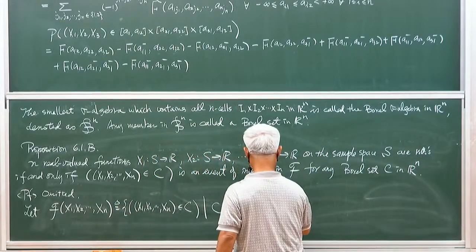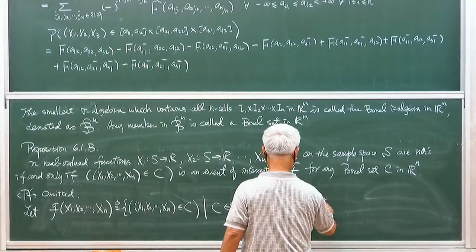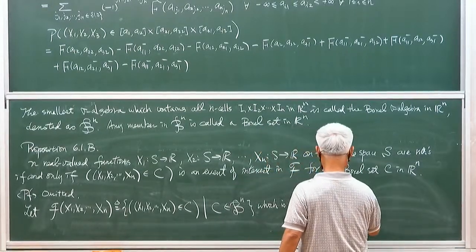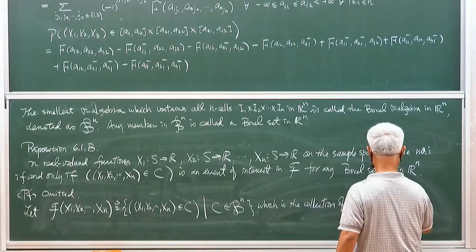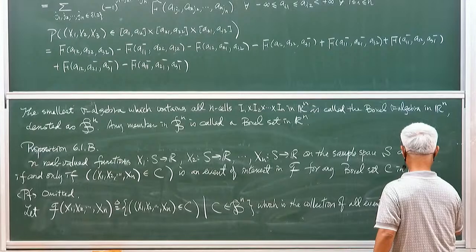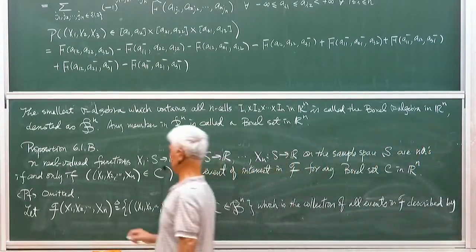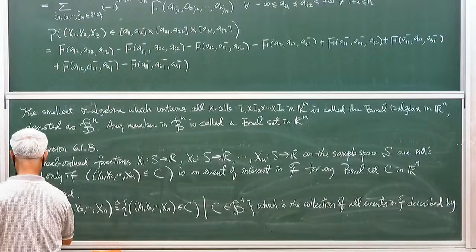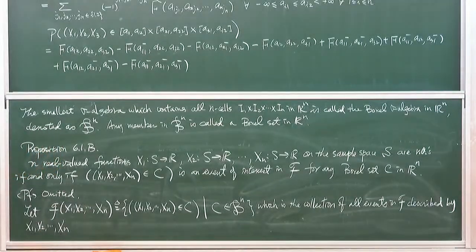Which is the collection of all events in F described by x1, x2, up to xn.